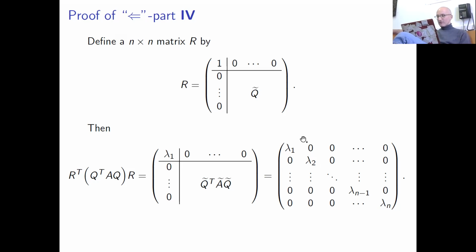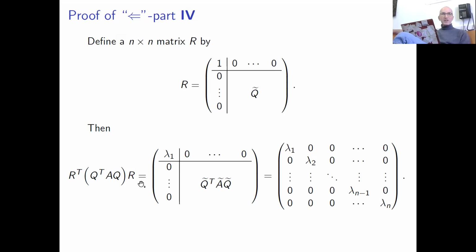The only thing we now need to check, first of all, is that R is orthogonal, which is almost by definition, and by the fact that Q tilde is orthogonal by assumption. Then we have to use the fact that the product of orthogonal matrices is orthogonal.